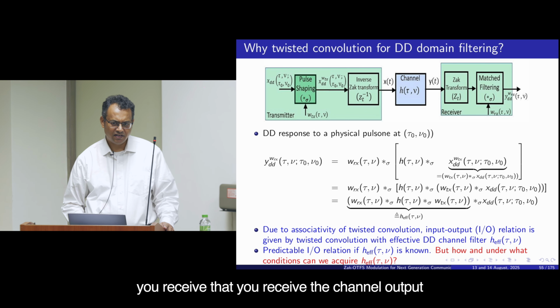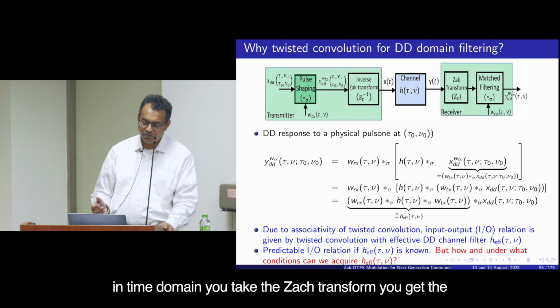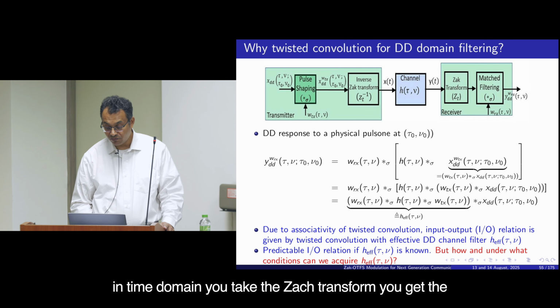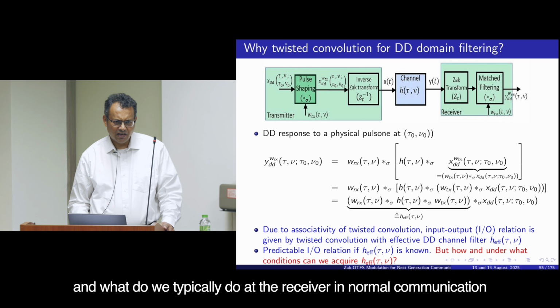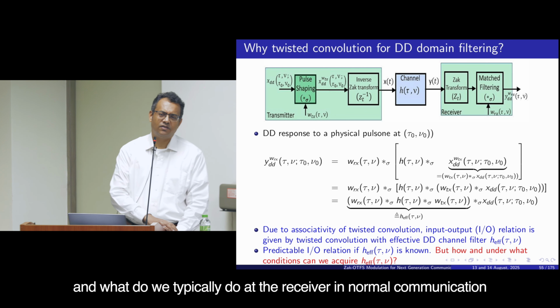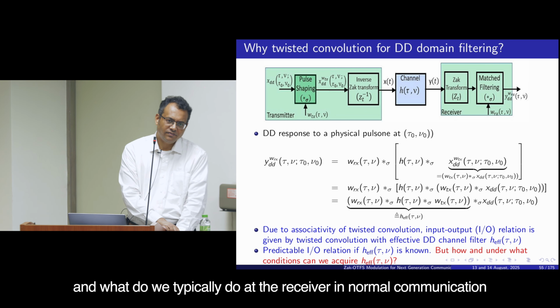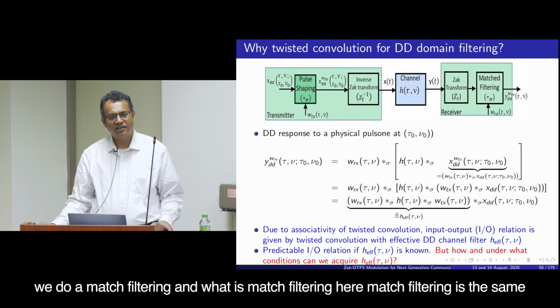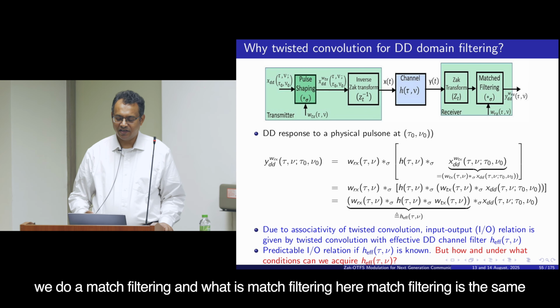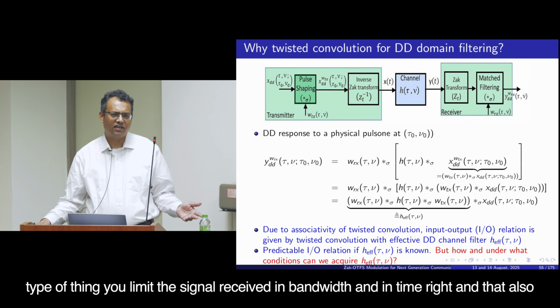You receive the channel output in time domain, you take the Zak transform, and you get the delay Doppler representation of the received signal here. And what do we typically do at the receiver in normal communication? We do a match filtering. And what is match filtering here? It is the same type of thing.